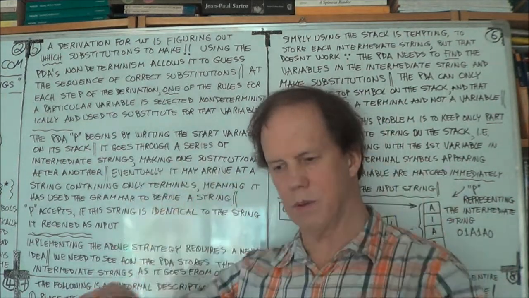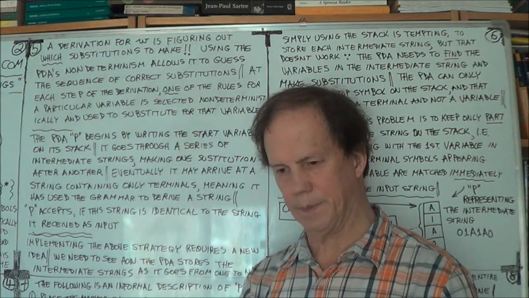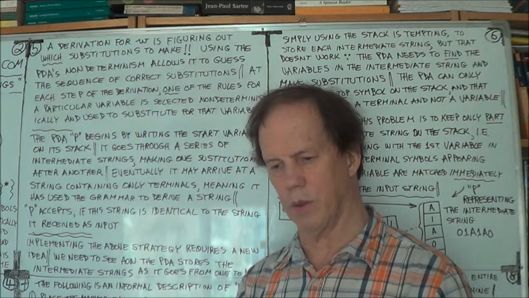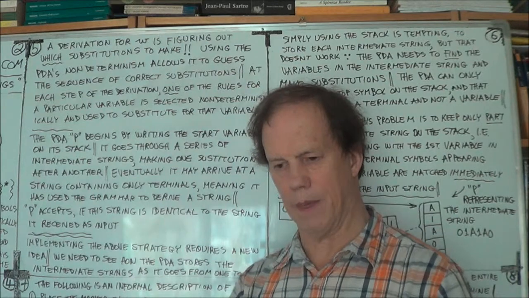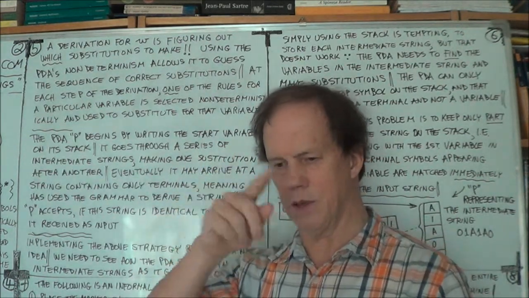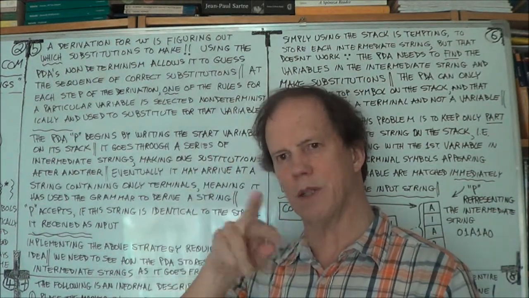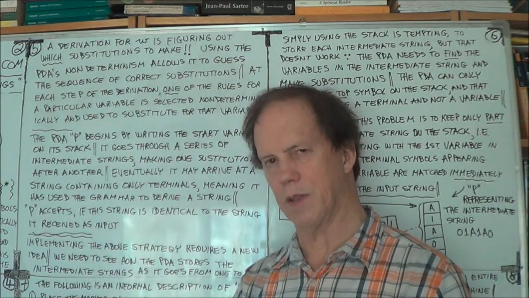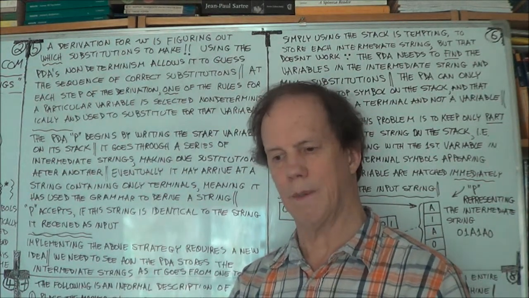So it's taking all possible branches of all possible strings that terminate in terminal symbols. At each point you can split. Each time you make a substitution, if there are several choices for a substitution, you can split, right?